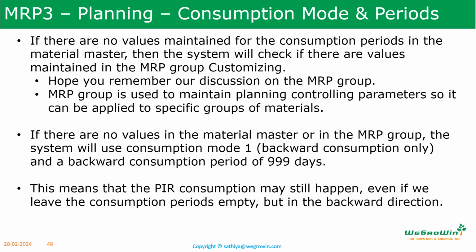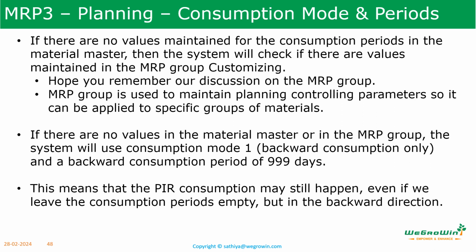One important point to note: if there are no values maintained for the consumption periods in the material master, then the system will check if there are values maintained in the MRP group customizing. Please remember our discussion on MRP group where we maintain various controlling parameters so they can be applied to the specific material where the MRP group is used.